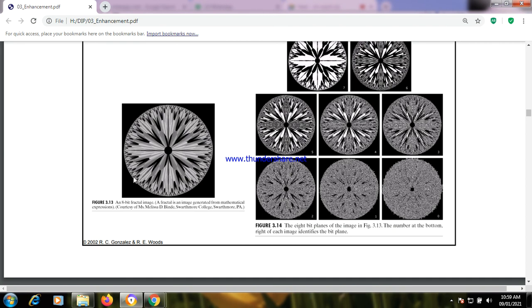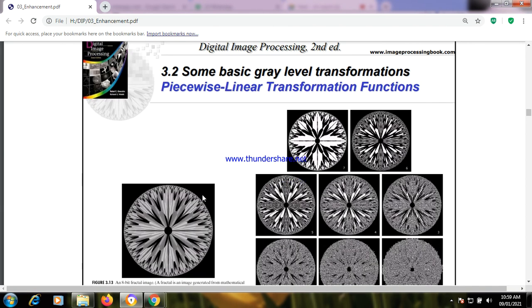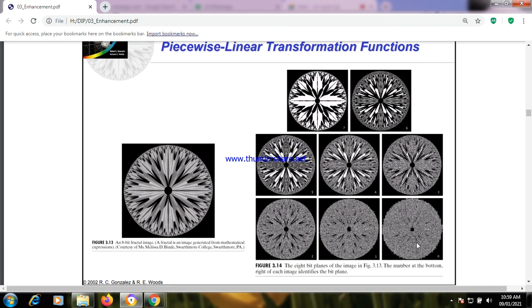So this is one original image, right? And starting from the bottom, just check this image, right? This indicates bit plane 0. If you compare this with the original image, the information content is very less, right?